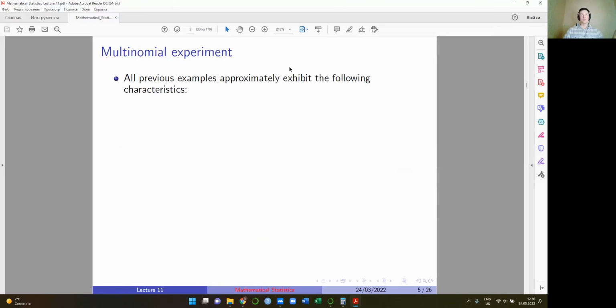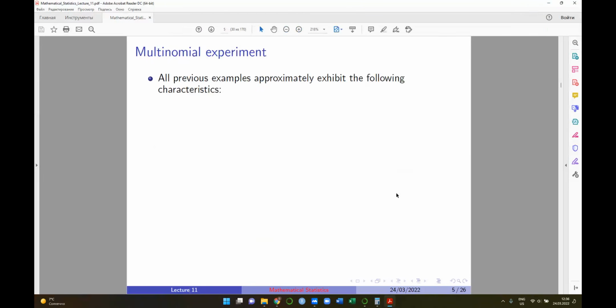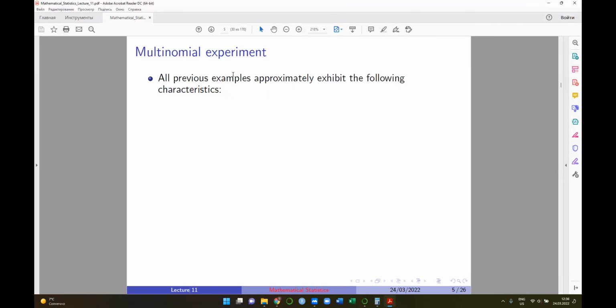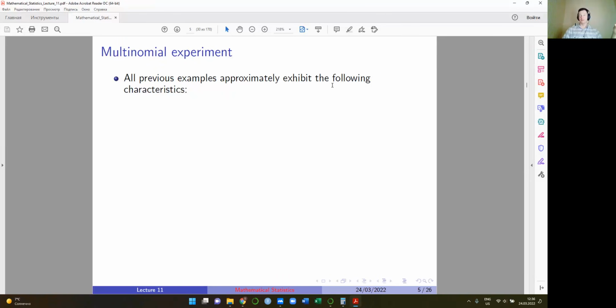Well, so the data that we have discussed exhibits approximately the following characteristics. The experiment consists of n identical trials.